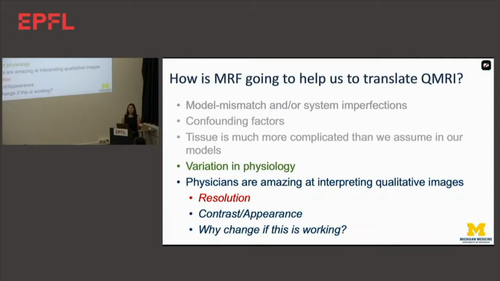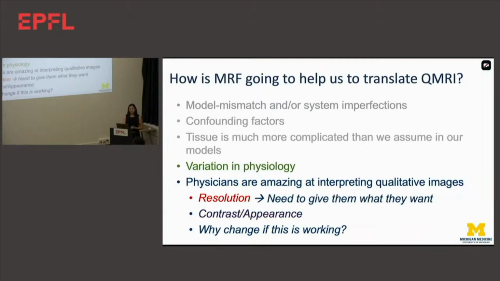And I think this is something where we have to step back and say, okay, we impress ourselves by these really fast maps of T1 and T2, but that's not actually going to be useful when it comes to translating them. We have to say it's going to take a little bit longer maybe to make these maps, but if we want the physicians to buy them, we have to give them what they want, right? So let's give them what they want, go back to the higher resolution.